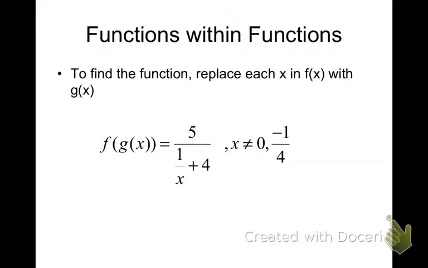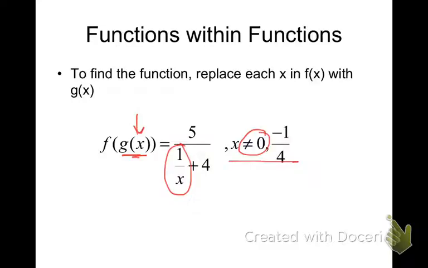Okay, so when I put g of x inside a function f, here's where the x was. That was x in f of x. I have found that x cannot be 0 because you couldn't put that in for x in g of x.